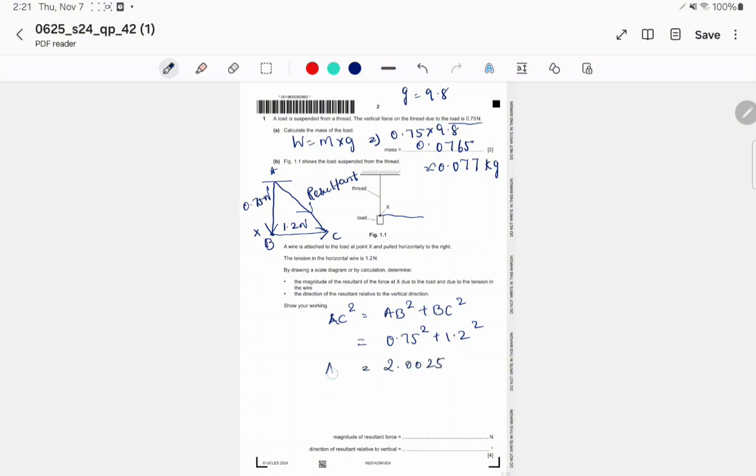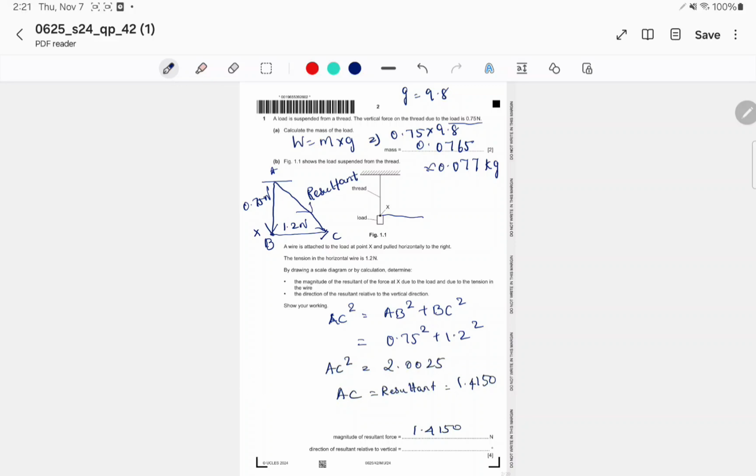On taking the square root, AC, the resultant, equals 1.415 newton.